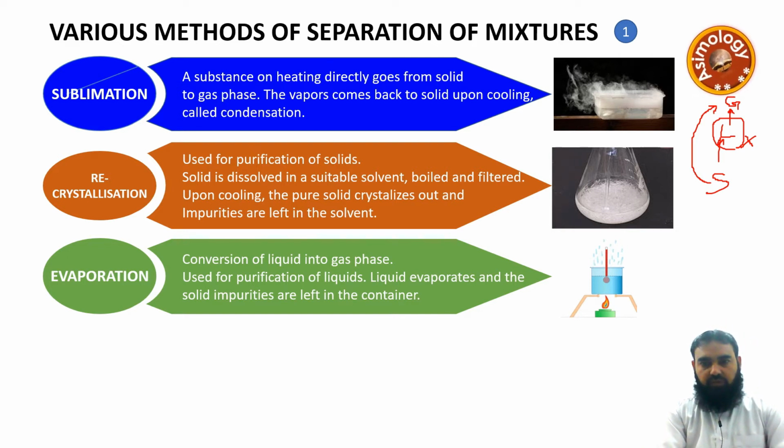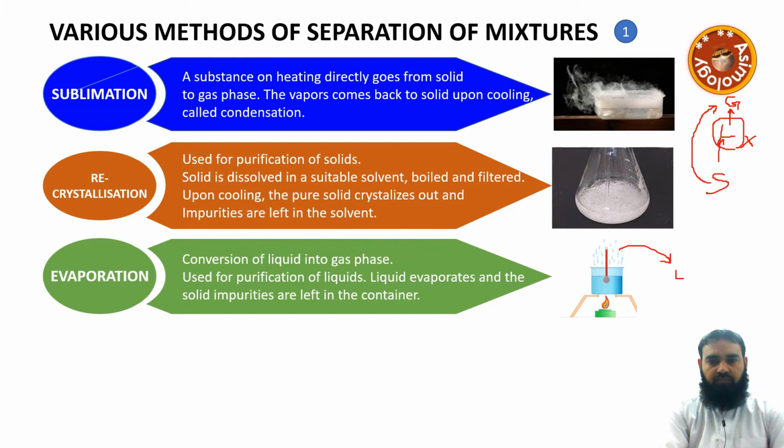So upon heating, the liquid will go to vapor state, and these vapors, if condensed, you can get the liquid again. And the solid impurities or any other soluble impurity will be left behind in the container.